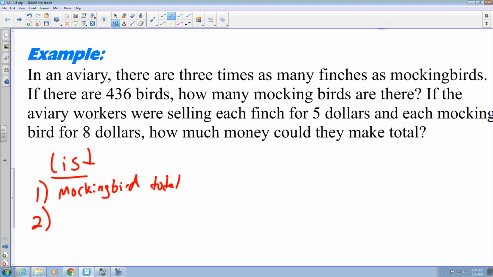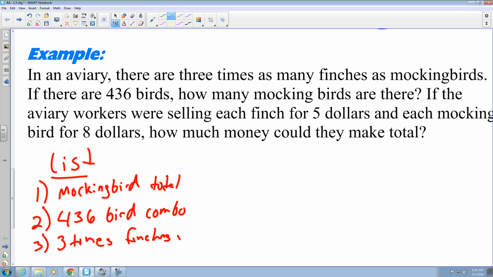So from this list, I know that there is 436 birds combined. And there are 3 times as many finches versus mockingbirds. Okay?